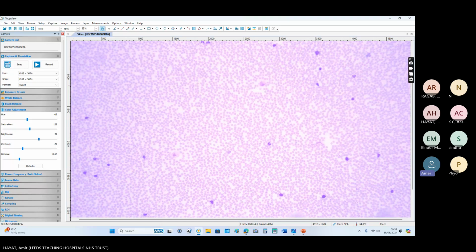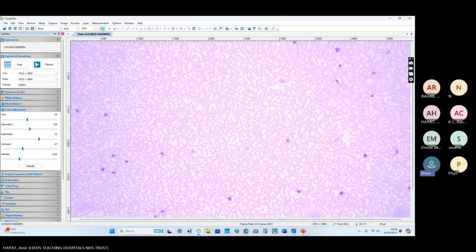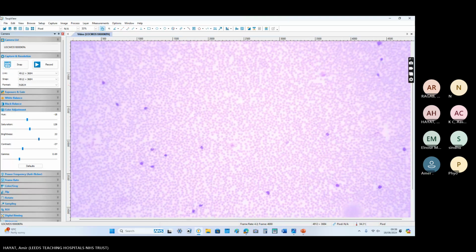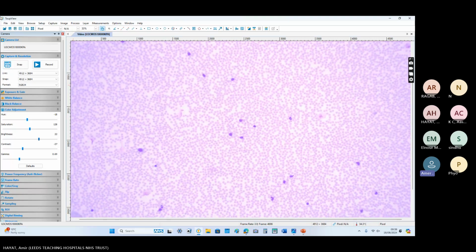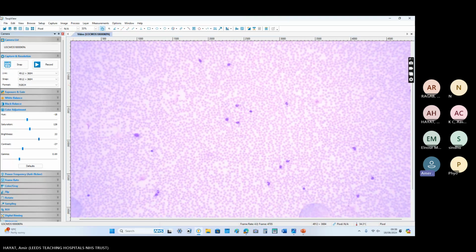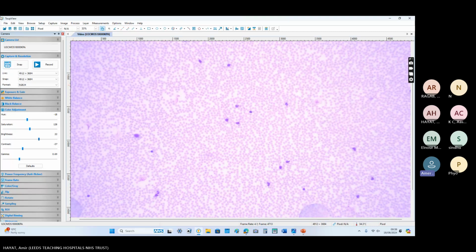So this is a 24-year-old boy who presented to GP because of fevers and some swelling in the neck.